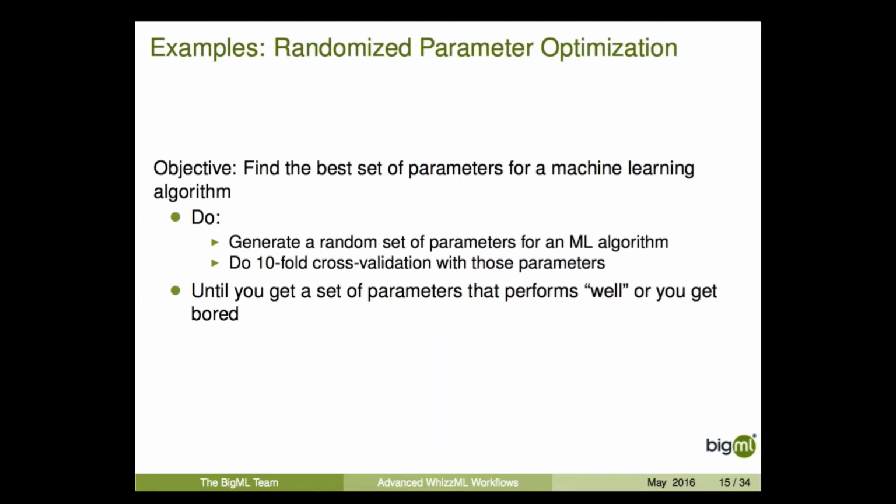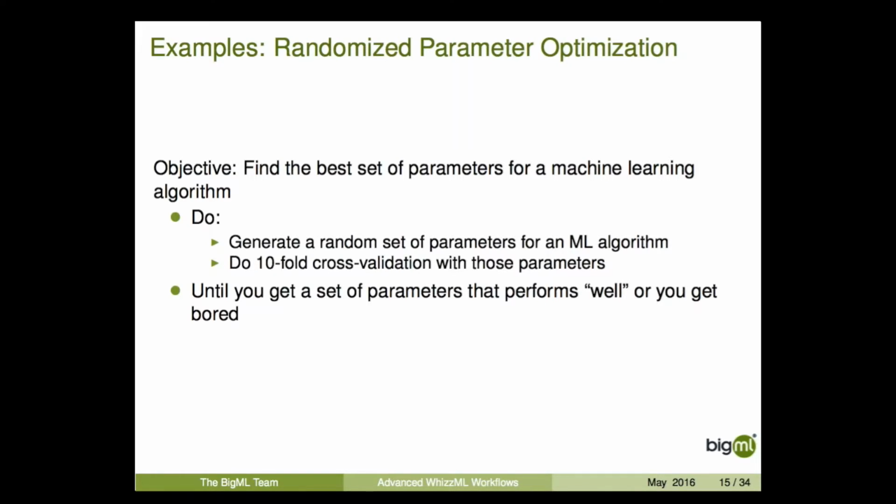Another nice example here is randomized parameter optimization. So what's our objective here? We want to find the best set of parameters for a machine learning algorithm. One simple but usually functional idea for finding a good set of parameters is to just try a whole bunch of them.